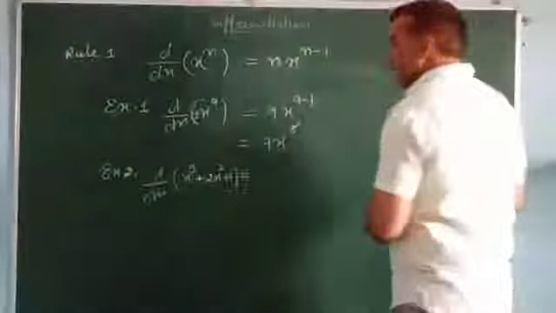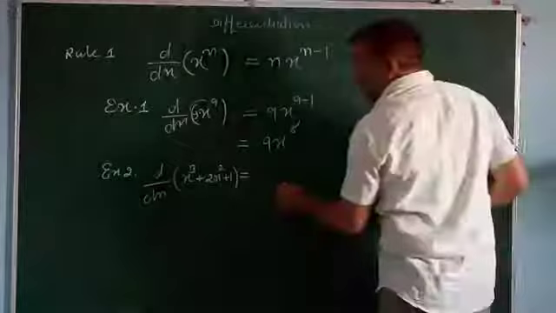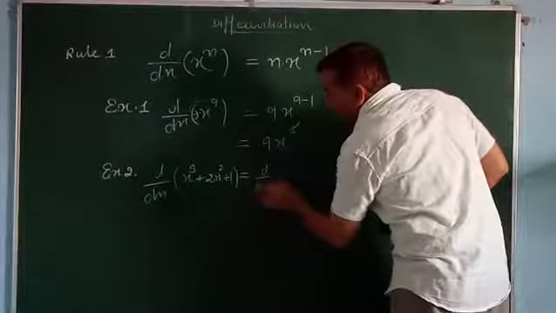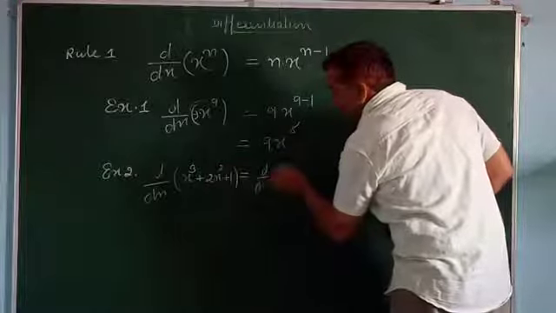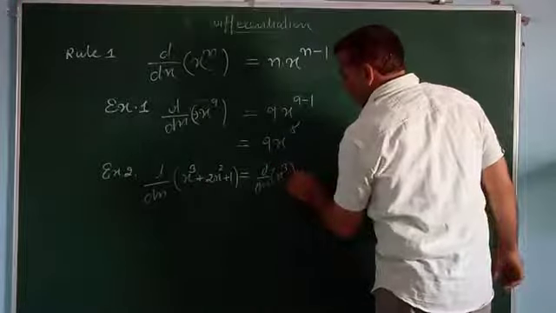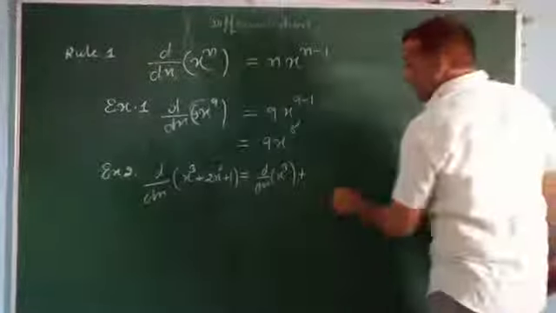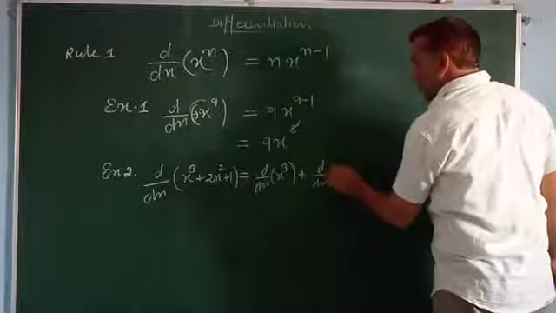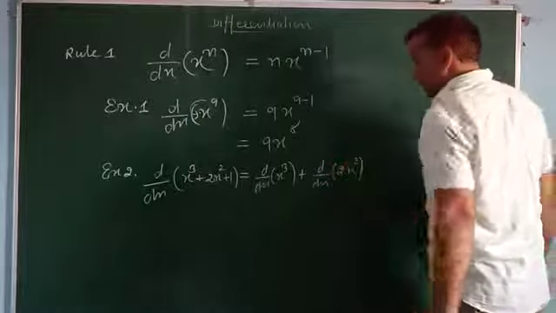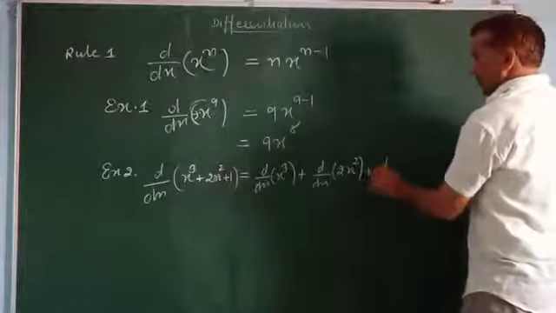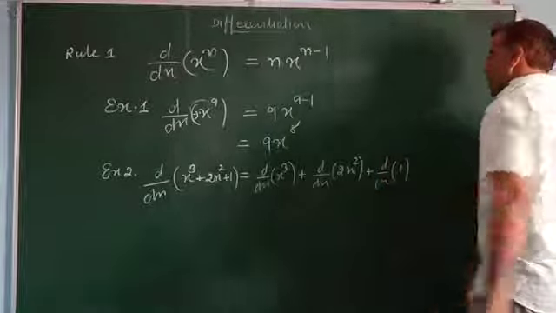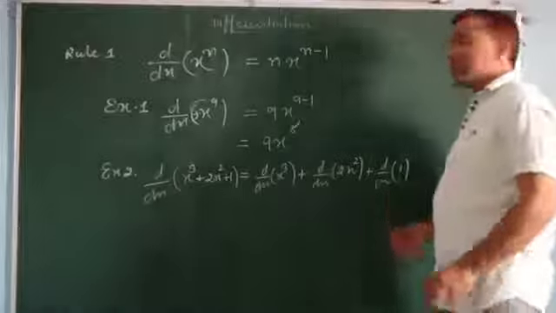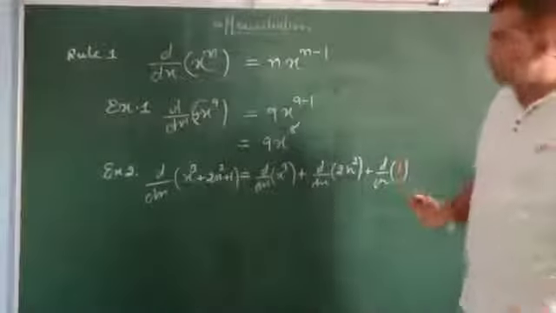Let us find its derivative. dy dx of the first function, that is x cube, plus dy dx of the second function, that is 2x square, plus dy dx of the third function, that is a constant function, and the derivative of a constant function is always 0.